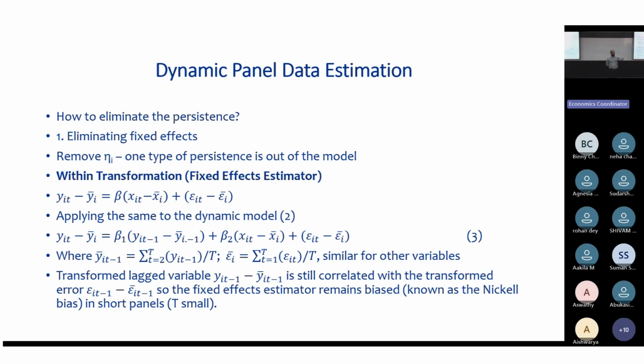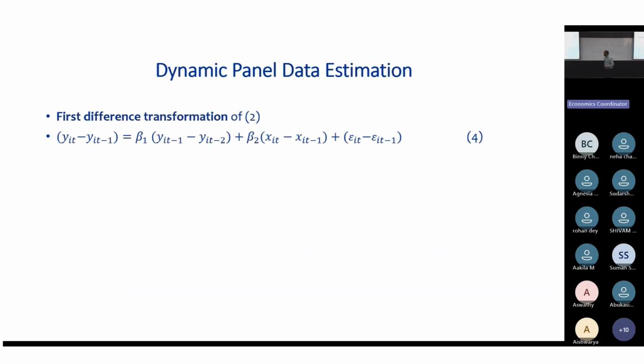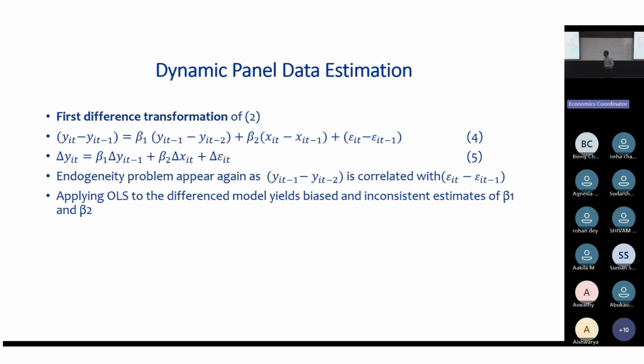So compare that to data that has 30 years of observations. The bias that remains even after doing this transformation is what we call the Nickell bias. So the within transformation and the first difference transformation don't solve our problem.